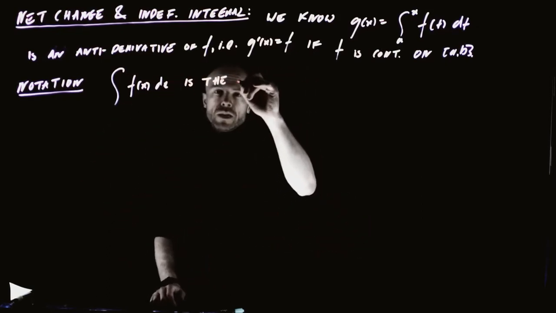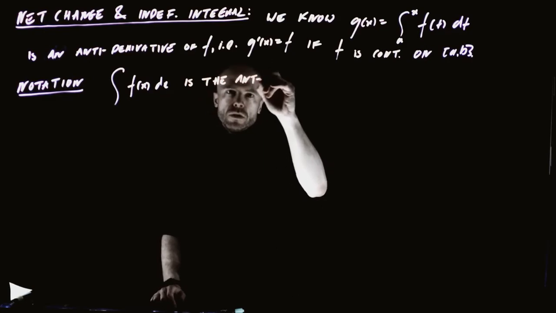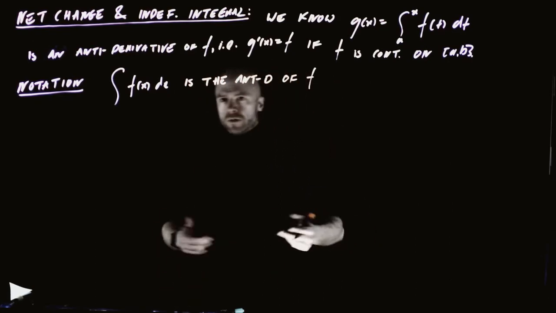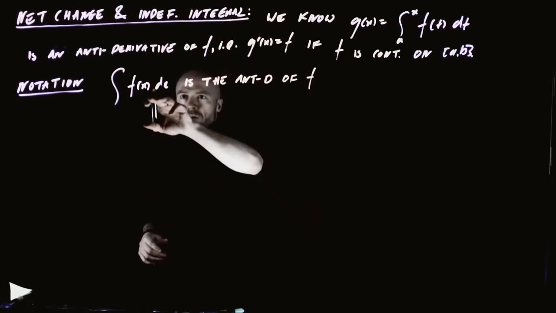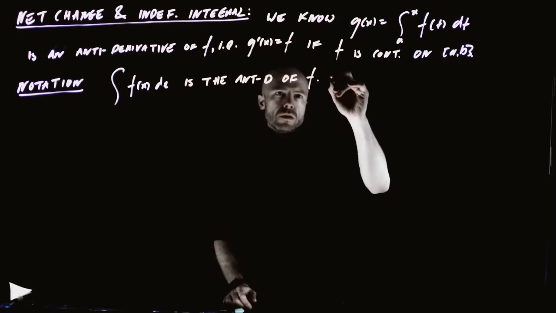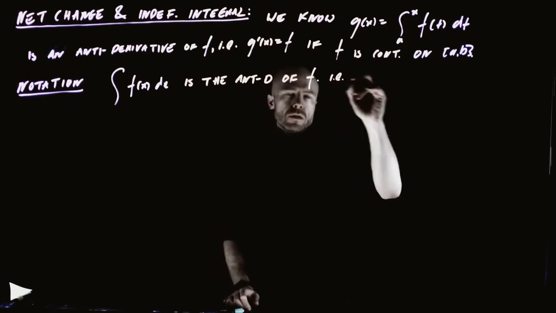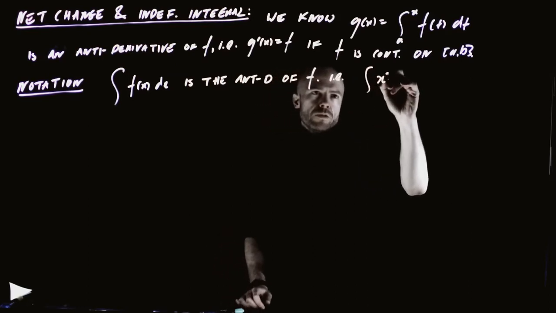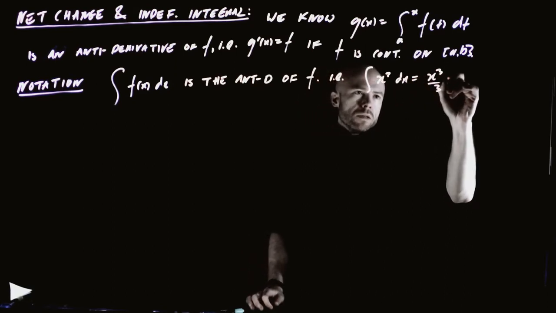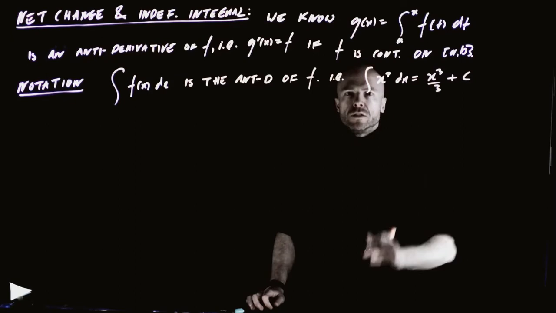So this is the antiderivative of little f. So instead of writing capital F such that capital F prime is little f, we're going to write this to denote the antiderivative. I.e., the indefinite integral of x squared equals x to the 3 over 3 plus constant c.